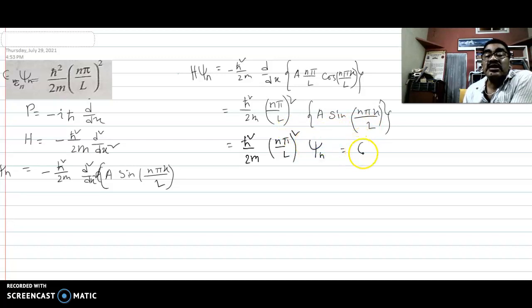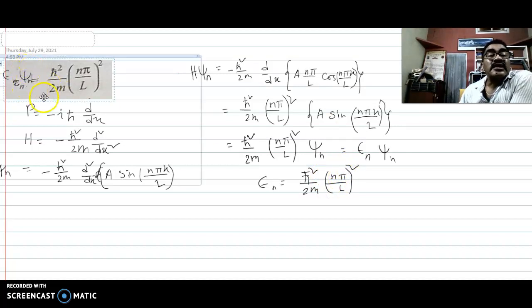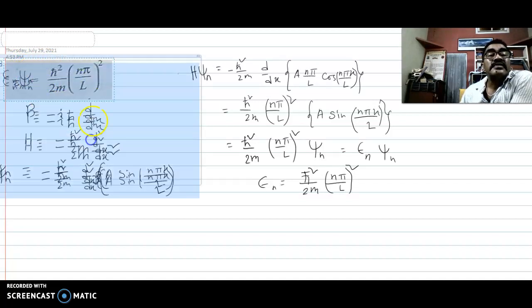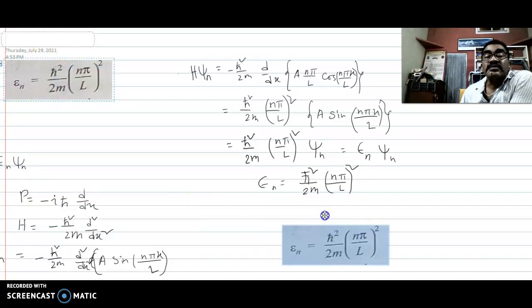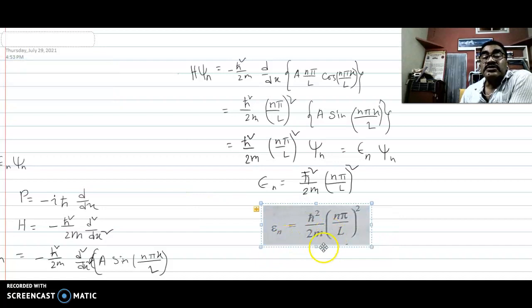We know that this is equal to epsilon n psi n, the first equation, the Schrodinger equation. So if psi n cancels, epsilon n is equal to h cross square by twice m, n pi by l whole square. You see this value.